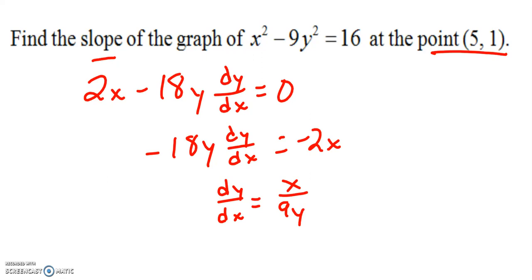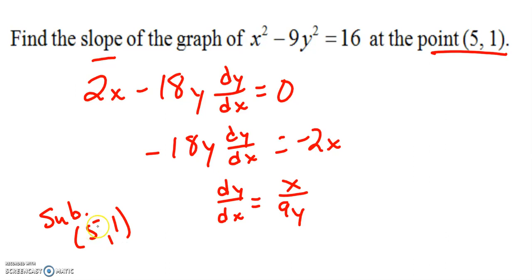Okay, so let's talk about this just a little bit. To find the slope of the graph of an equation at a single point, we used to solve for y. We would take the derivative and then we would substitute in x equals 5 to find our slope. Again, the derivative is the slope at any point of a tangent line along the graph. Well, in this case here, now that we've found the derivative with respect to x, we can simply substitute in the ordered pair (5, 1).